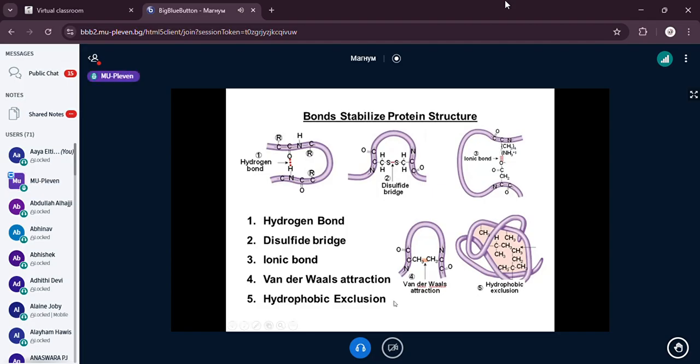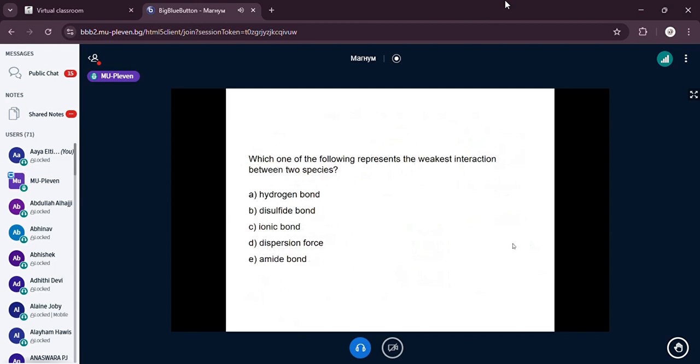These interactions are named van der Waals or hydrophobic interactions. In this way, we completed topics from 1 to 3 regarding bonding in compounds.